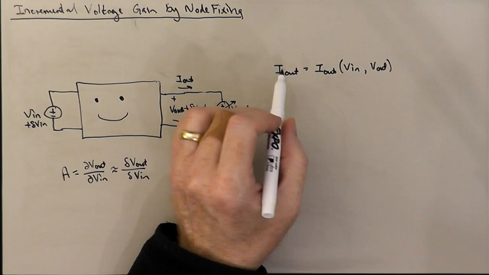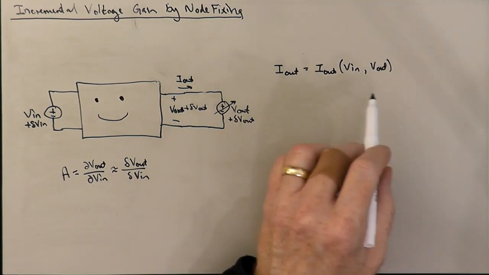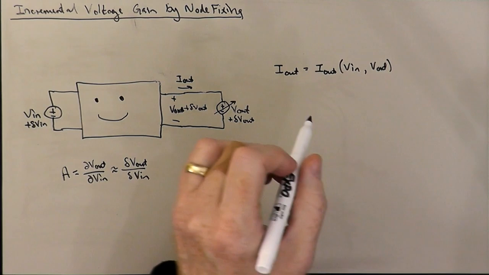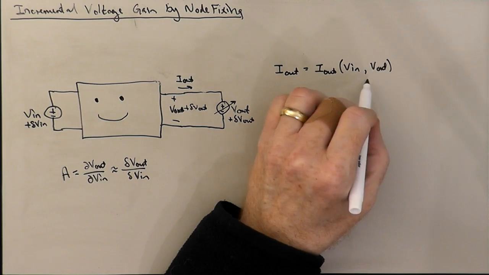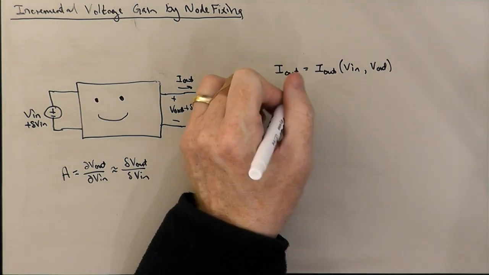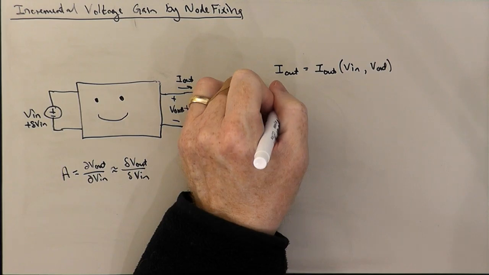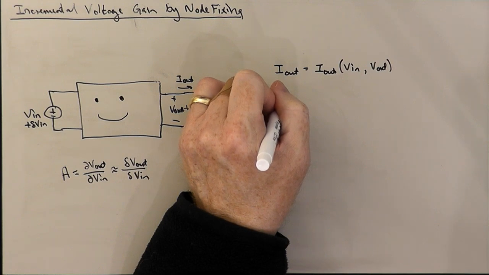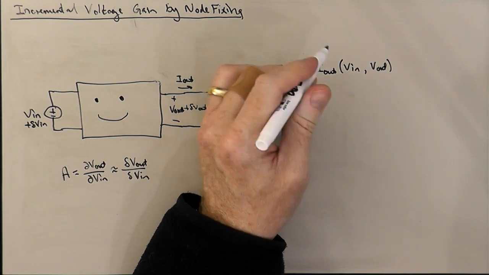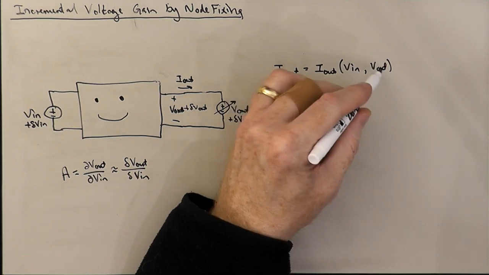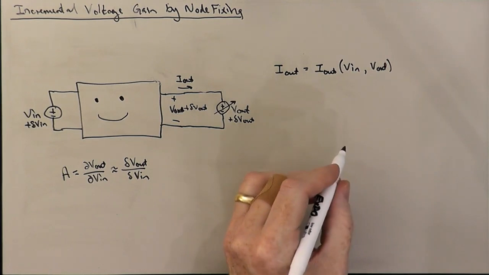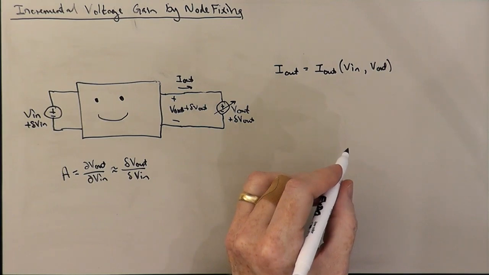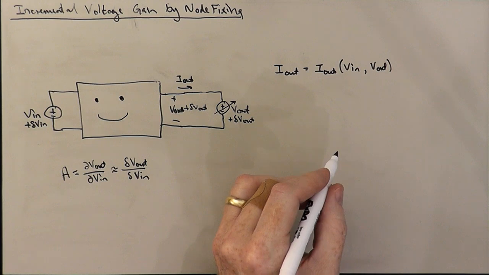So we have a surface that's a function of two variables. We can imagine around this point of the quiescent V out and I out having sort of a small change in V in and a small change in V out, and thinking about the behavior of that surface in a neighborhood of V in, V out by using a tangent plane approximation.